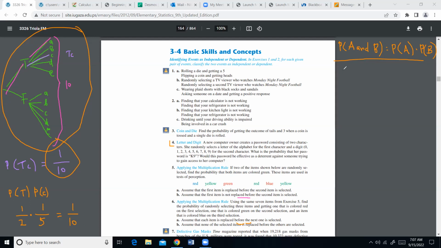So I'm in section 3.4, and we're looking at exercise number 4 that says take a 2 character password, and the first character is a letter of the alphabet, and the second is a digit. So they listed those digits. Notice there are 9 here and 1 more, so there are 10 digits. So it's from 0 through 9. When you say, what about 10 or 11? Well, those are not digits. Those are numbers that are made from 2 digits. So they're talking about just single digits.